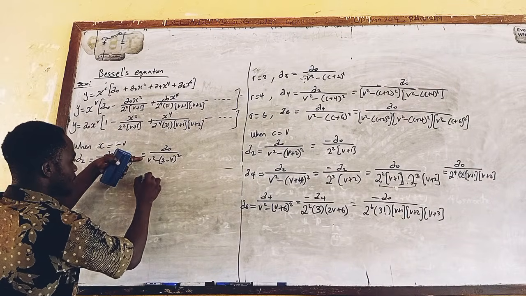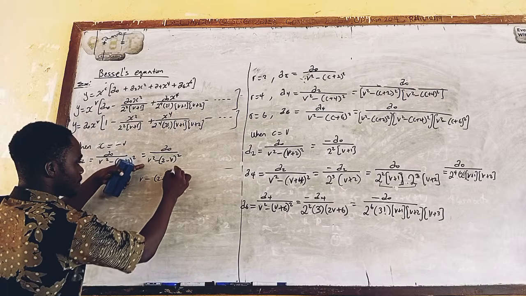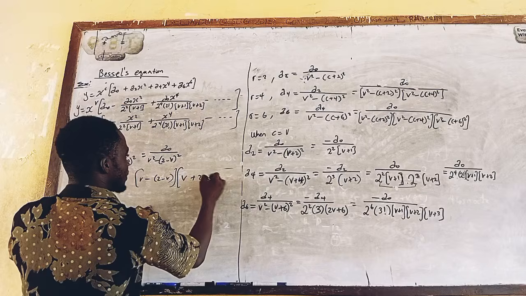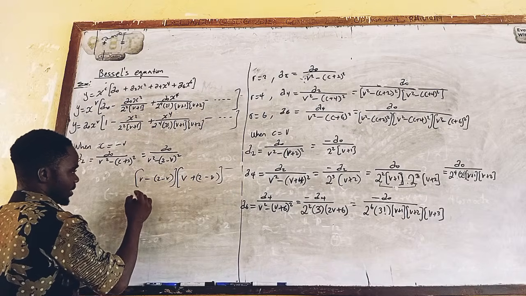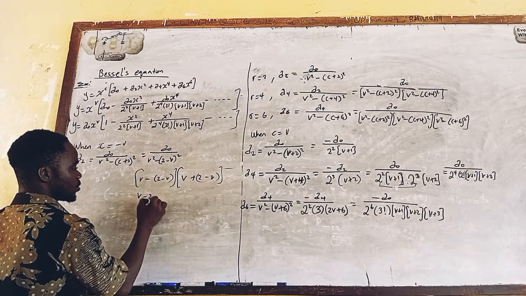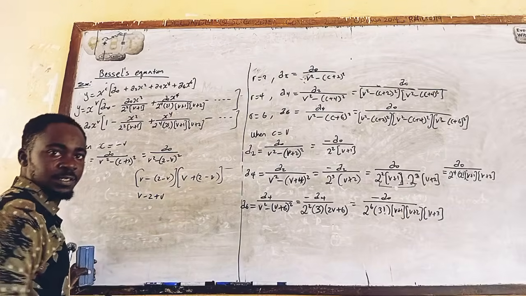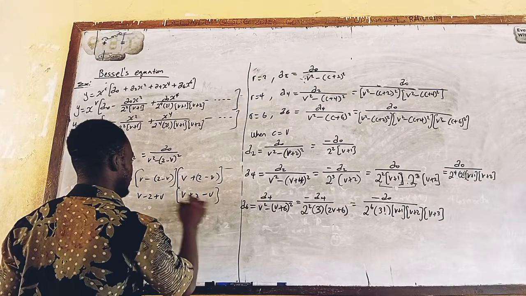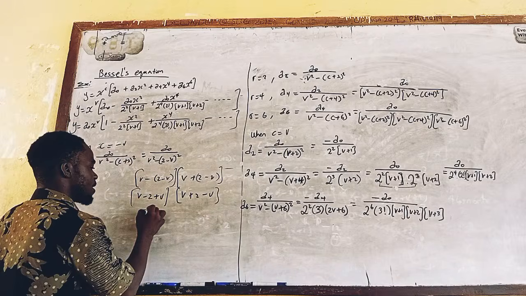Pick v minus 2 minus v, v plus 2 minus v. So if you open the bracket, we're going to have v minus 2 plus v, v plus 2 minus v. This will be 2v minus 2.